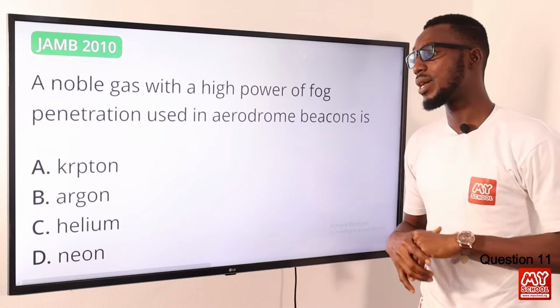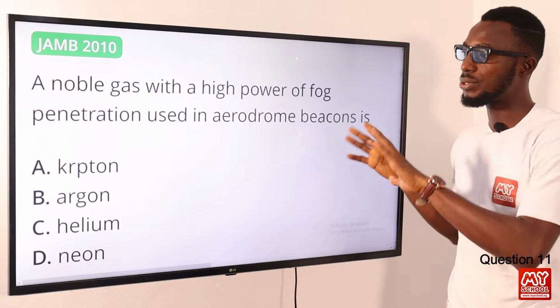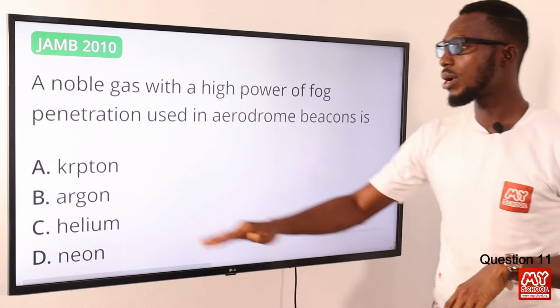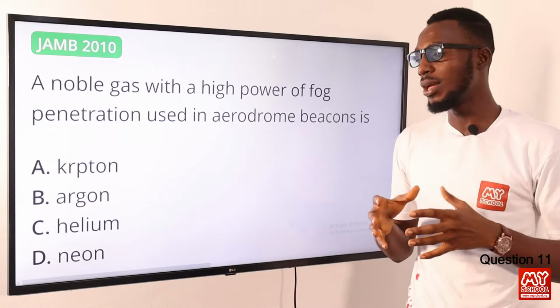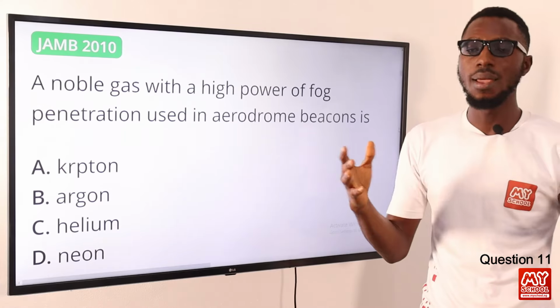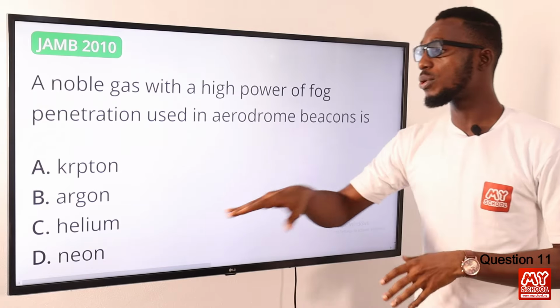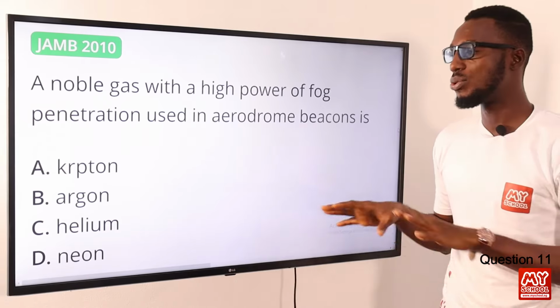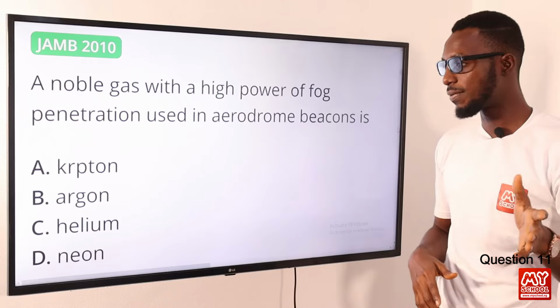Krypton itself is also used in fluorescent lamps for the stroboscopic effect. Argon is used to provide an inert atmosphere when it comes to welding, amidst many other usages. Helium, because of its low density, can be used for filling balloons for specific purposes.